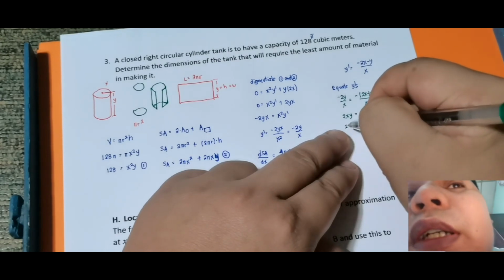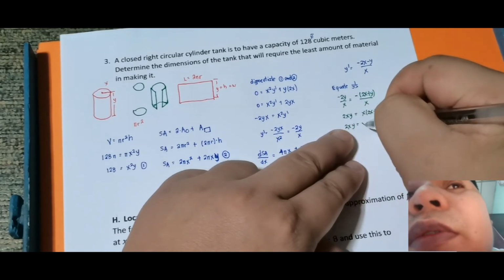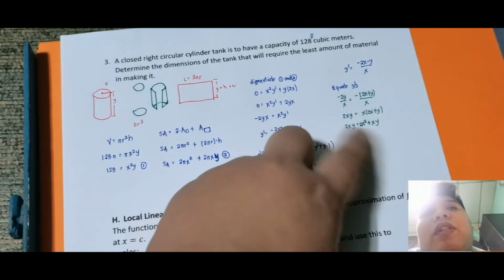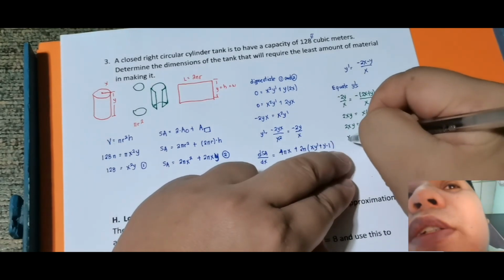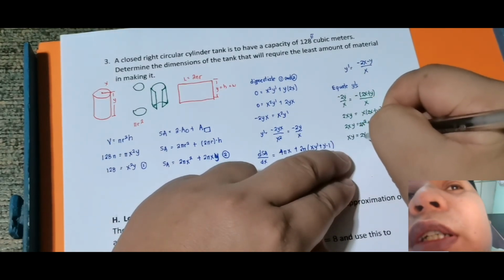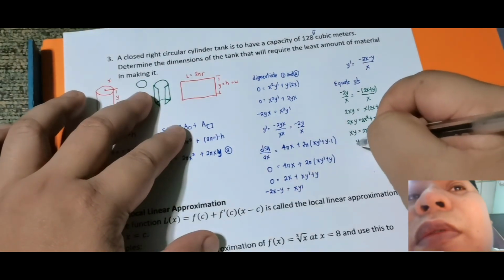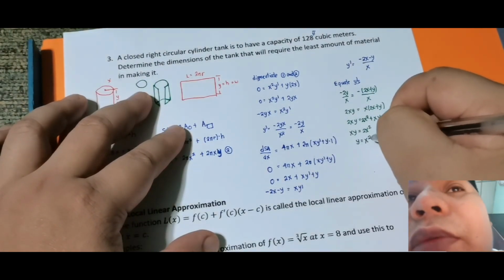Okay, this is 2xy is equal to 2x squared, sorry, then plus xy. Okay, then minus doon. So 2xy minus xy, that is xy lang. So xy is equal to 2x squared. Okay, then divide both side by x. Therefore, y is just equal sa x squared.